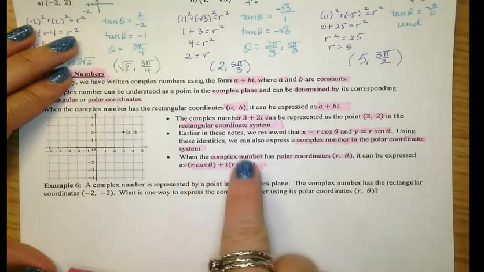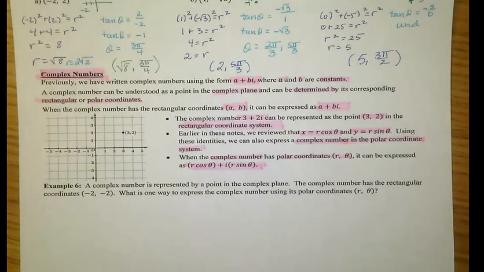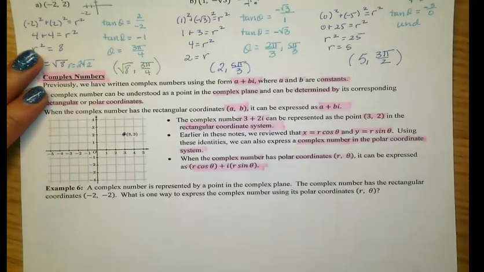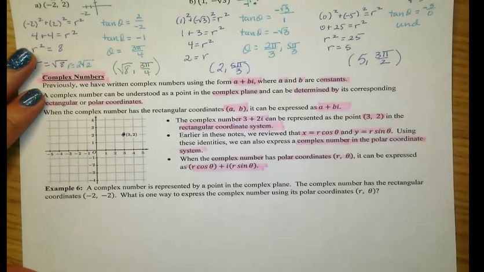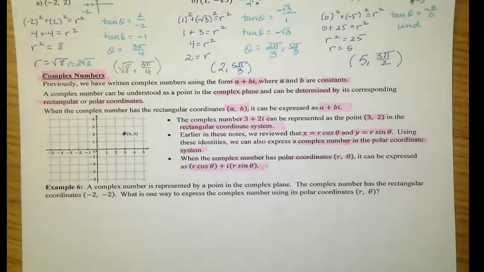So here's my x, here's my y, don't forget the i. Okay? So as we look at this point (3, 2) up here on our graph, we can write that as the complex number 3 plus 2i, and then we could also convert here. Okay? So example 6, a complex number represented by a point in the complex plane.